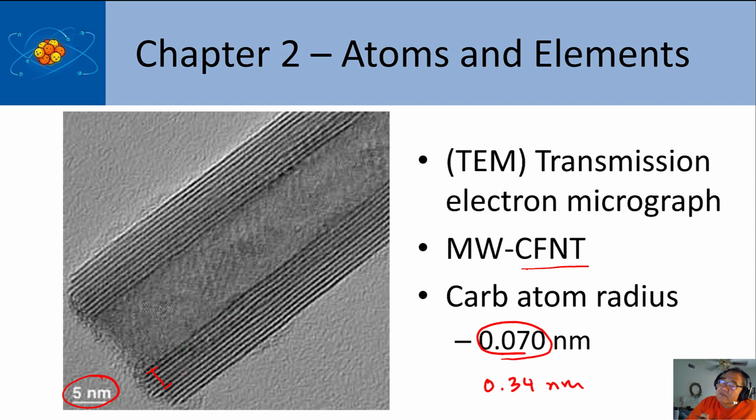They're 0.07 nanometers in radius, so about 0.14 nanometers in diameter. That's 10 to the minus 9, right? A segment from here to here has a couple of carbon atoms in it. So we're not actually seeing the atoms themselves, but it gives us an idea of the structure of the atoms.